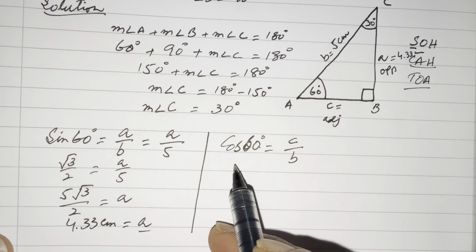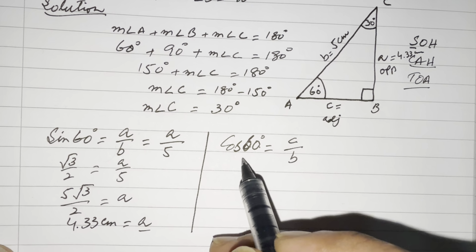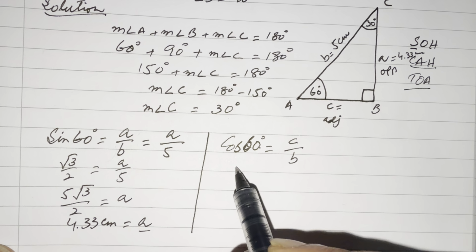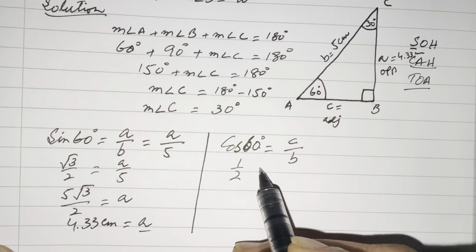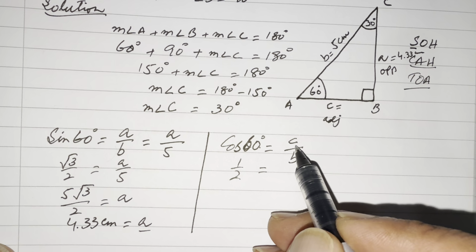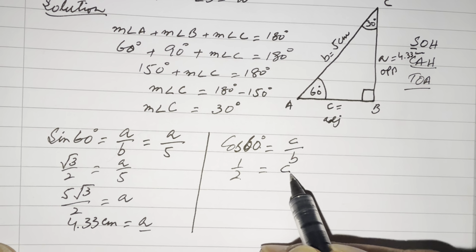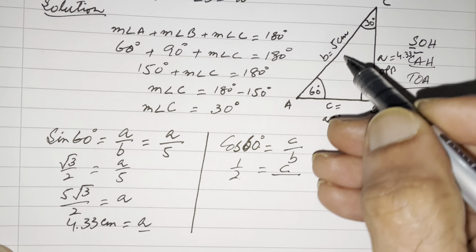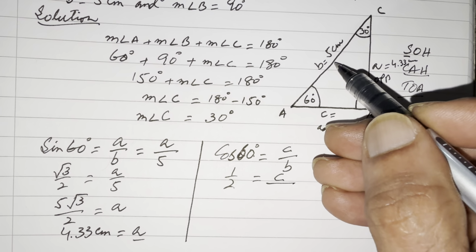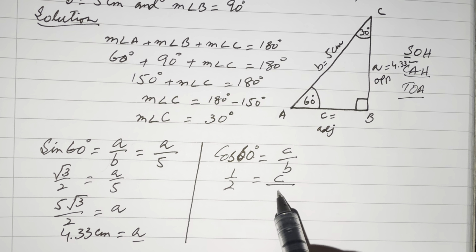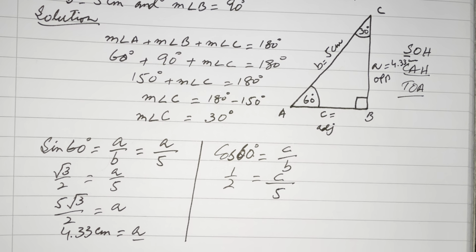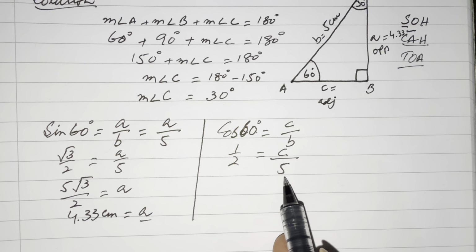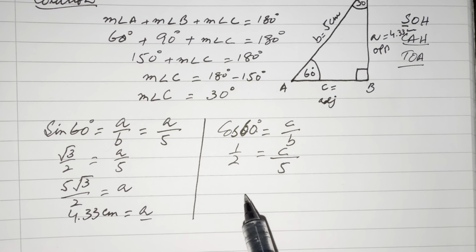So cos 60, as we know, is equal to 1 over 2, which is equal to C, the value we have to find, divided by B. B is given as 5 centimeter, so we put 5 over here. Now take 5 from this side to that side.